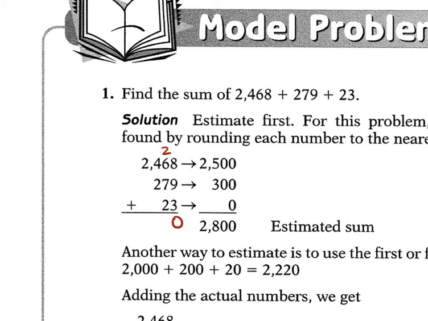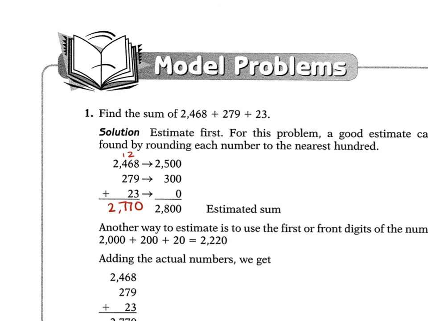Next, I have 6 plus 7 plus 2 plus 2. Well, the 6 plus 7 gives us 13, plus 2 is 15, plus another 2 is 17. So carry the 1, drop down the 7. Next, we have 4 plus 2 with the 1 that's on top. So 4 plus 2 is 6, plus 1 is 7. And then that 2 comes down. So we're at 2,770.